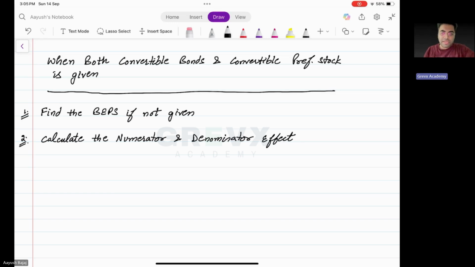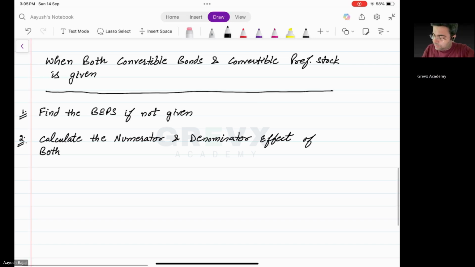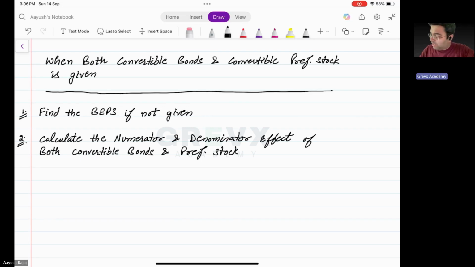Calculate the numerator and denominator effect of both convertible bonds and the preferred stock individually.